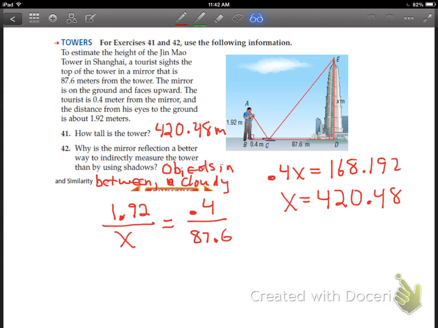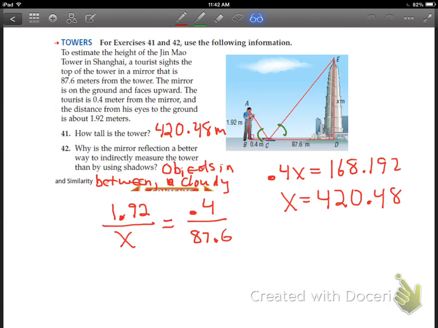Similar triangles are again used here. The triangles are similar because the light refracts at the same angle that it comes in, reflects at the same angle that it comes in. So the angles down where the mirror is laid are congruent to each other, and assuming that the man is standing at a right angle and the building is built at a right angle, we have 2 triangles that are similar by angle-angle.